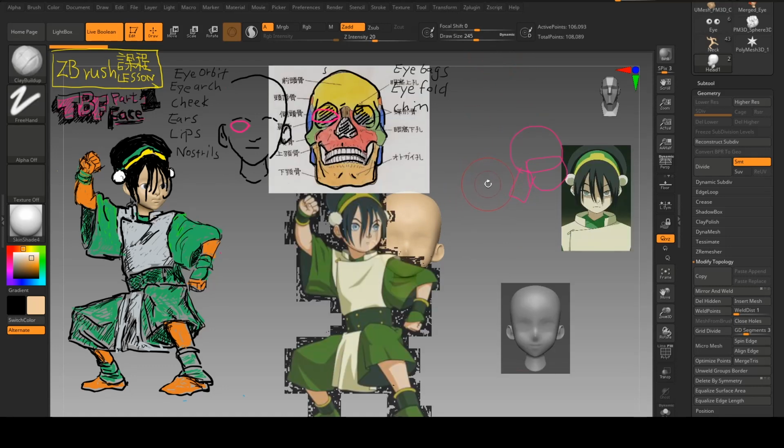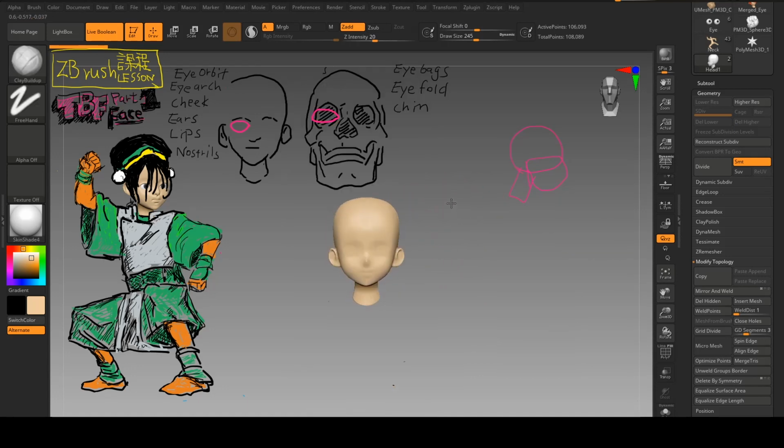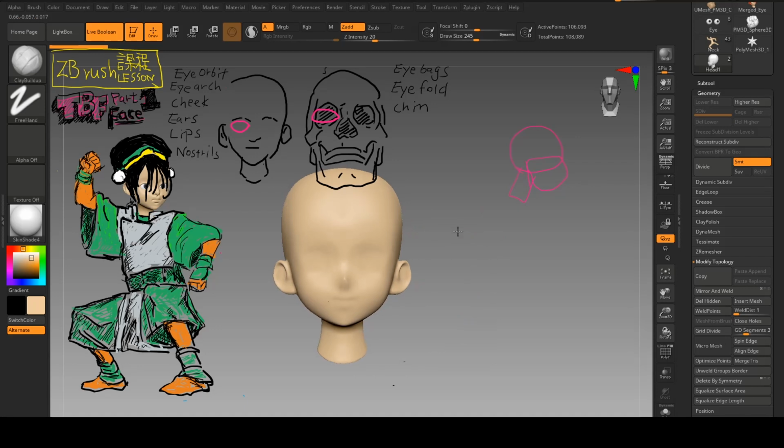See, that one. So the face proportion is almost the same. So I would like to start from the default anime head.